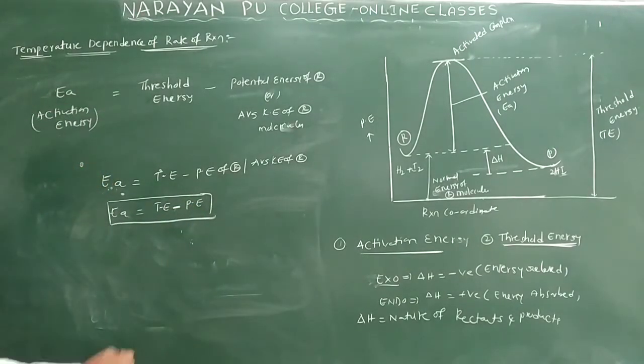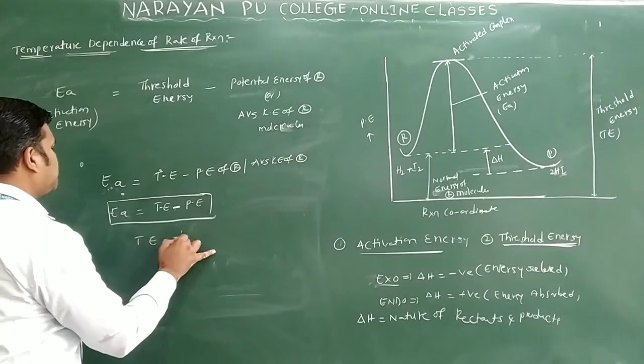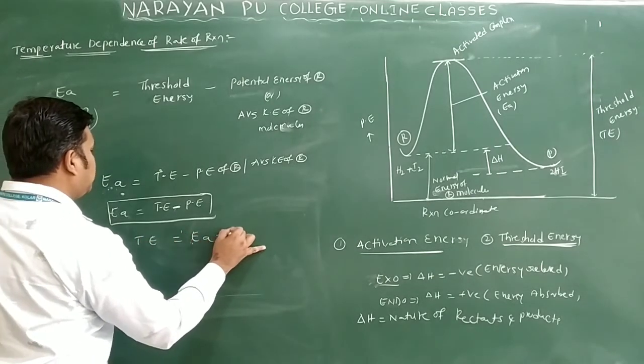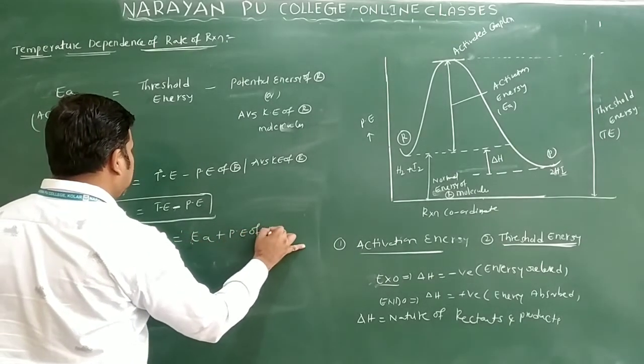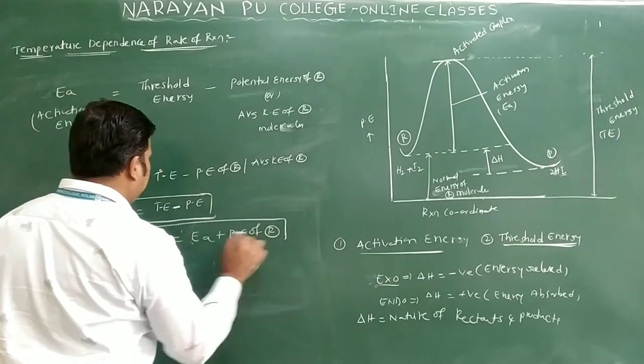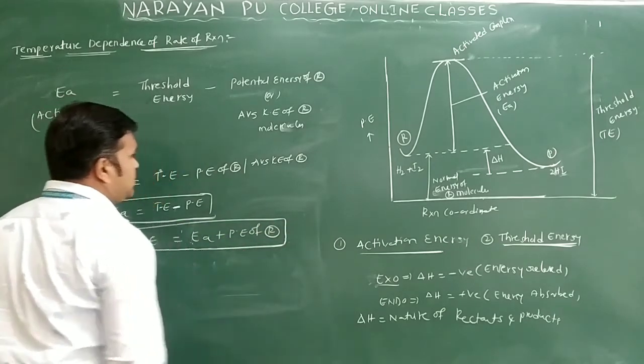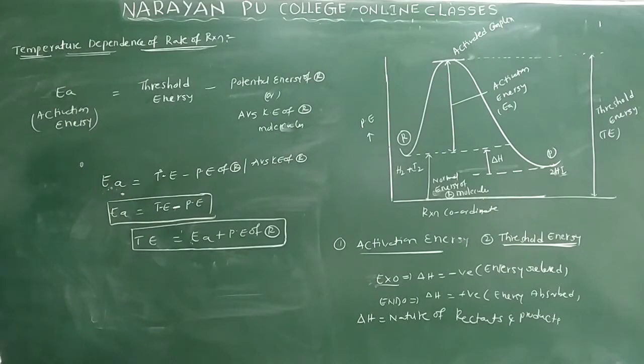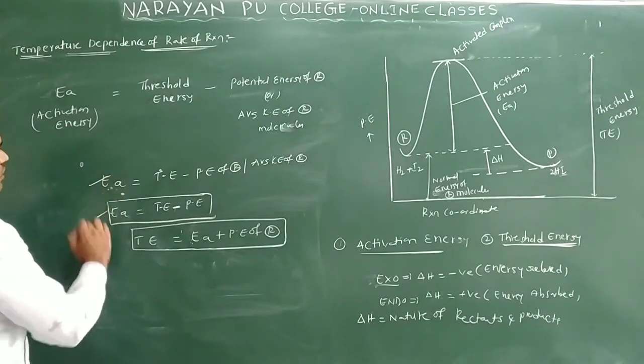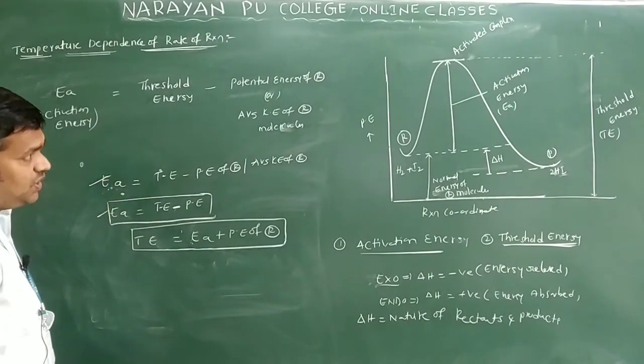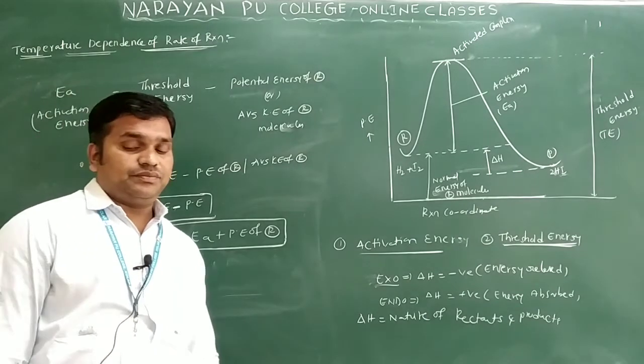From this we write threshold energy is equal to activation energy plus the potential energy of the reactant molecules. So these are the relations between activation energy, threshold energy, and the potential energy of the reactant molecules.